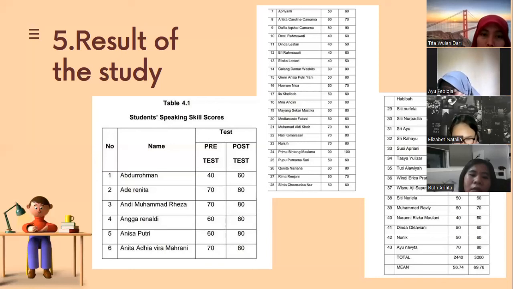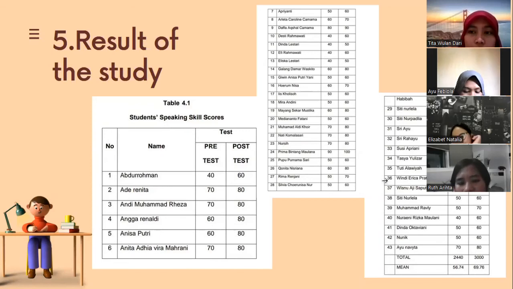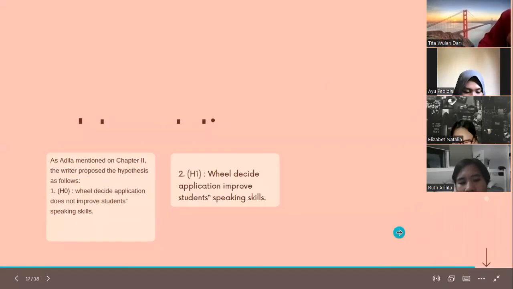So it was proven that this presentation shows that yes, it does improve their speaking skills. Does that answer your question, Ruth Arita? Yes, Nabila. Thank you. All right, thank you very much.